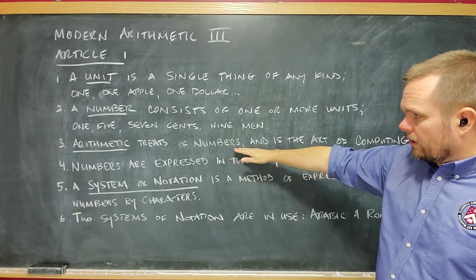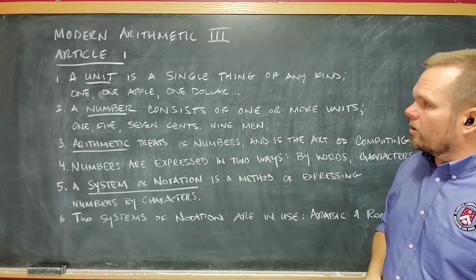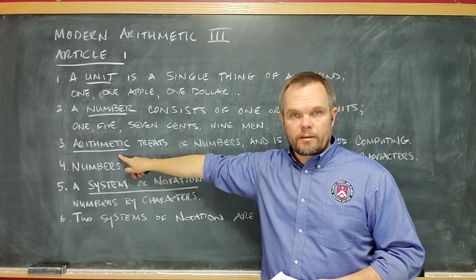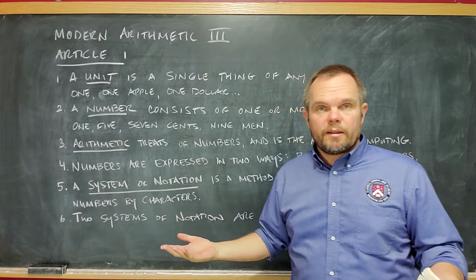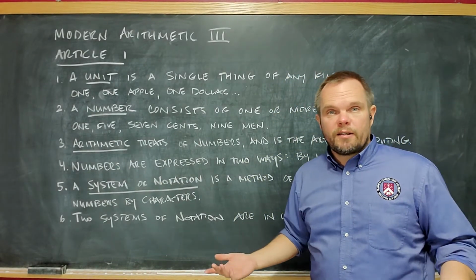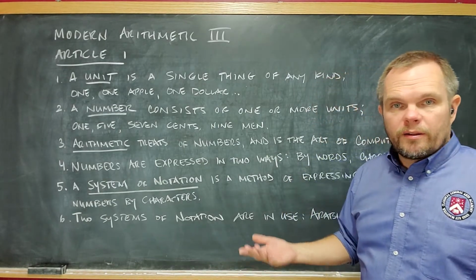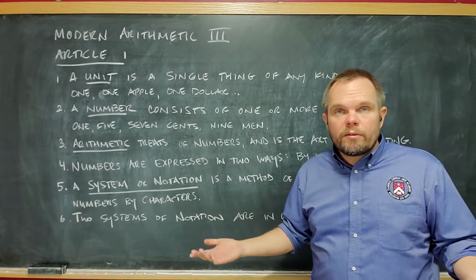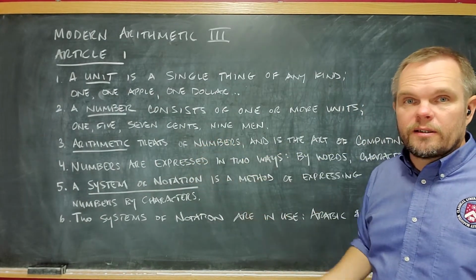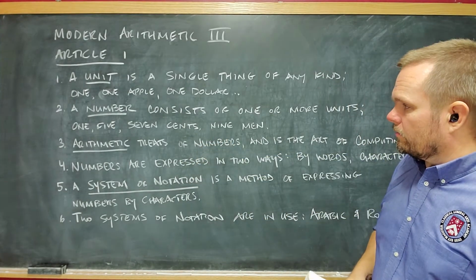The third definition we learn in Article 1 is the definition of arithmetic, which is the subject that we're studying in this course. If we say we're studying modern arithmetic, the question is, well, what is arithmetic? And here we have a definition, or at least a description of what arithmetic is.